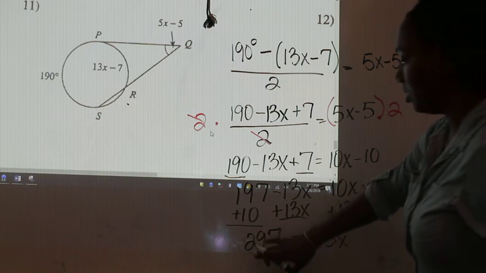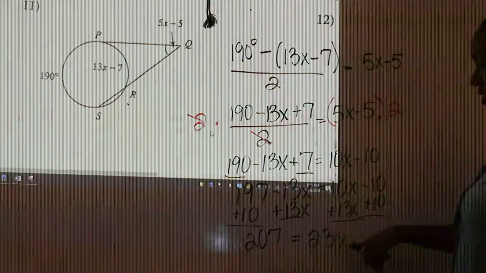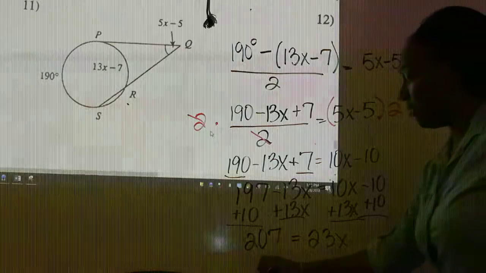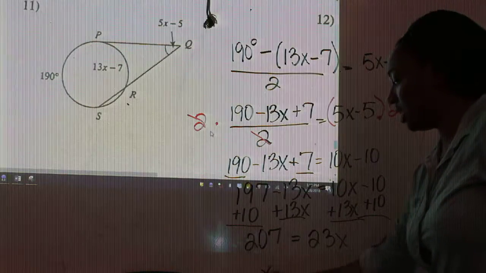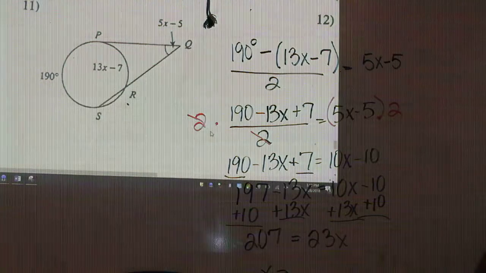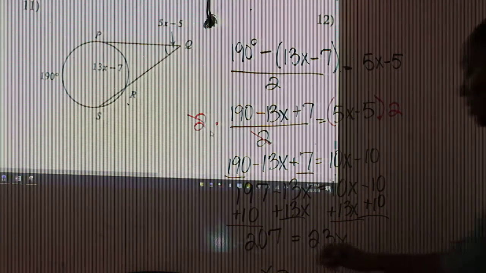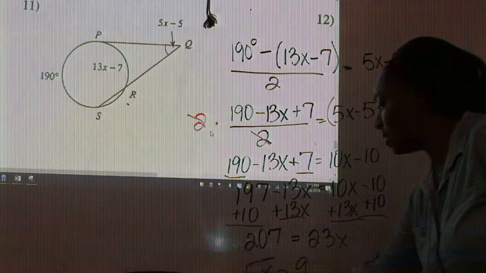I'm sorry, this is 207 is equal to 23x. Divide both sides by 23. X should equal 9. Just using my calculator there.